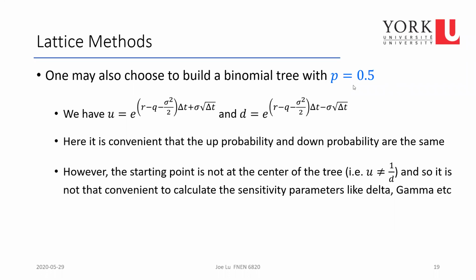Now in this case, because P is 0.5, you have a symmetry in terms of probability, but you do not have symmetry in terms of the value of the stock price, because the value one time period earlier is not really in the middle, because you don't have U equal to 1 over D. So this may not be that convenient if we want to calculate some of the sensitivity parameters, because your U may be really big compared to the D here.